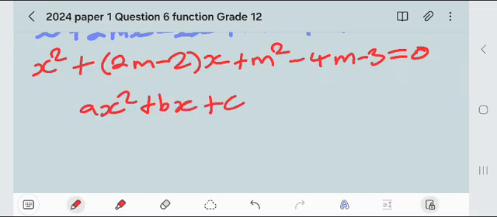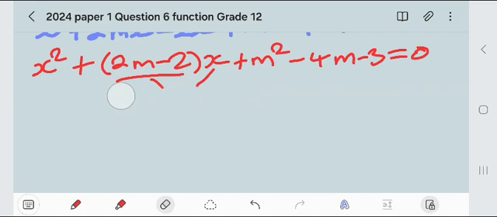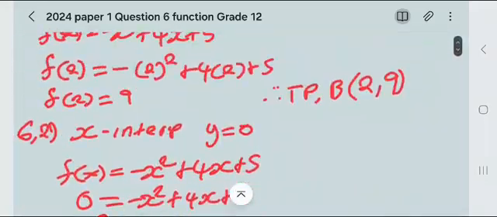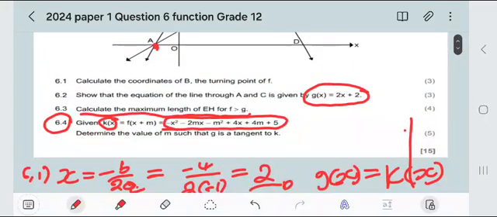So the b will be what is inside the bracket. That is why I took out the x alone, so that I maintain a standard form.